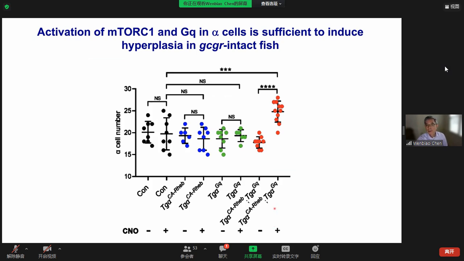However, if you also activate Gq in this model, then alpha cell number and alpha cell proliferation increase. So this suggests that co-activation of mTORC1 and the Gq pathway is sufficient to induce alpha cell proliferation, even in the absence of glucagon receptor knockout or hyperaminoacidemia.